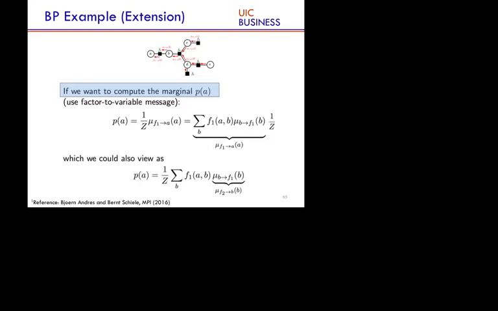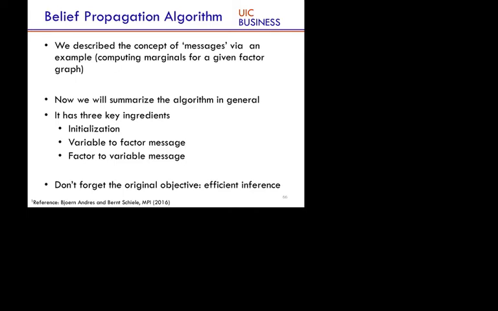So that's what we're going to capture in the initialization: what is the message being sent from this node to that factor node? We'll get to that. So that's the initialization, and then we'll write the variable to factor messages and factor to variable messages, with the whole point being that we want to do efficient inference, just as before.